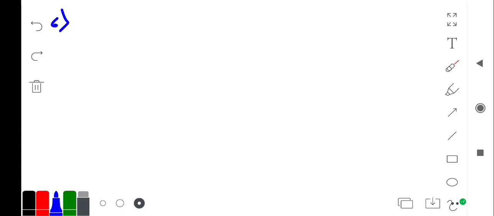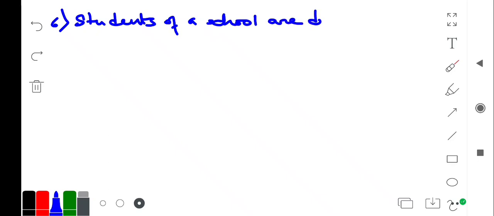Question 6. Students of a school are divided into 4 groups.